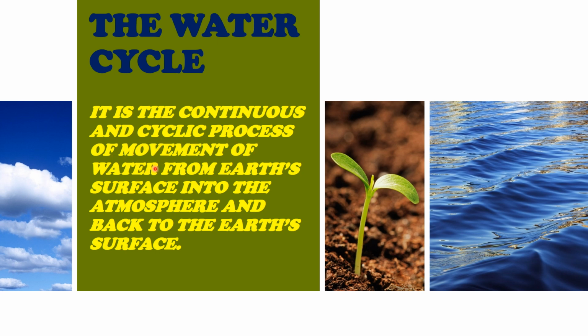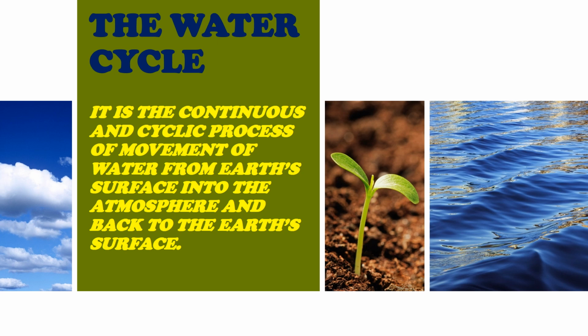Water का movement होता है from earth's surface into the atmosphere and then back to the earth's surface. Okay, मतलब अर्थ के सरफेस से जो पानी है it is going into the atmosphere and then coming back to the earth's surface. So this continuous and cyclic process is known as the water cycle.